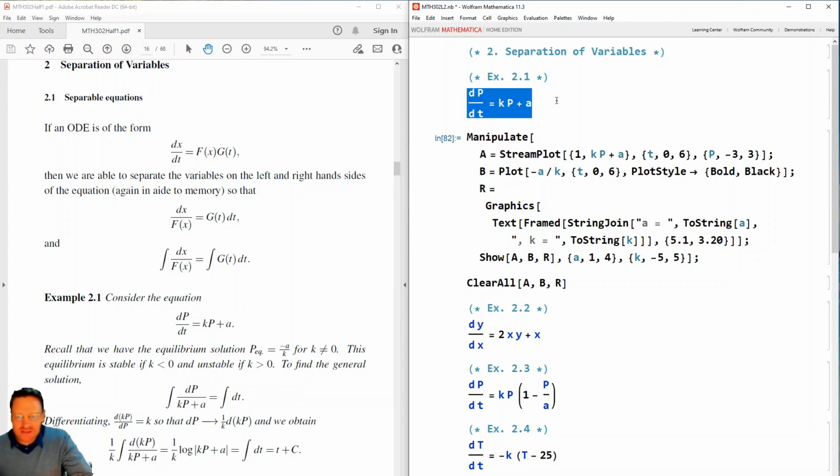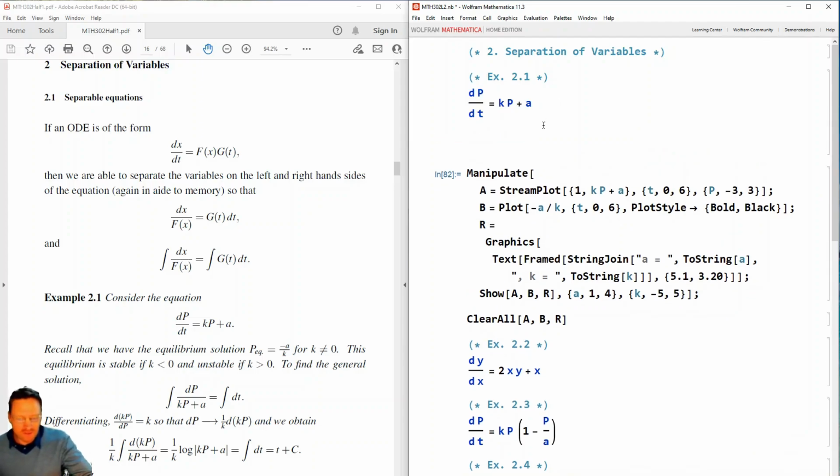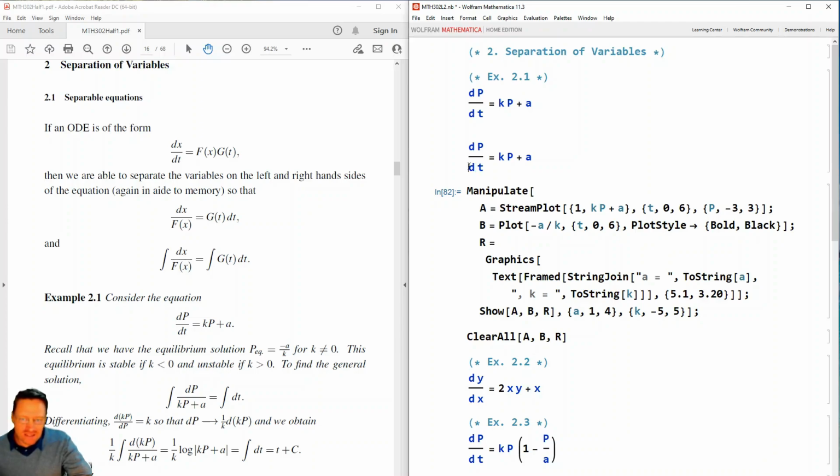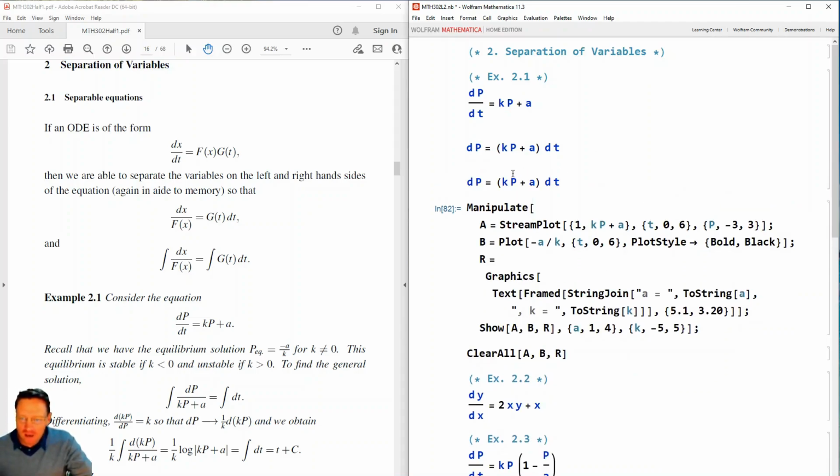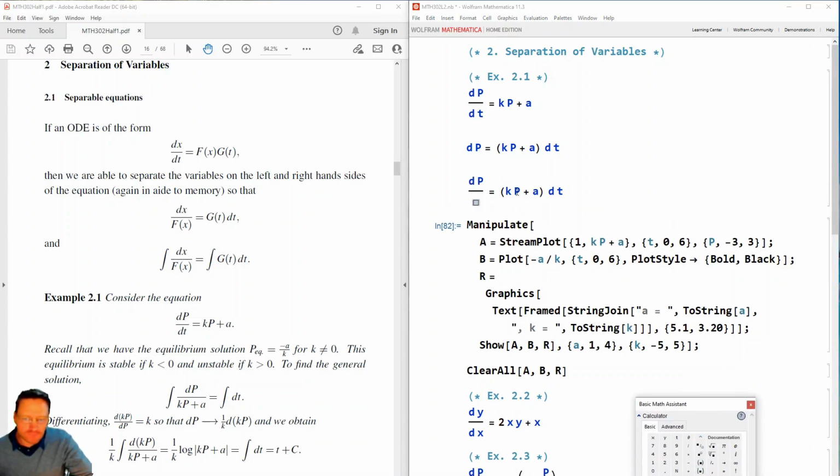So I'll take this equation. First thing we do is we take the dt over to the right hand side. So to do that, I'll put a bracket around this. Okay, so we have this. We've separated, at least the dt, but we have to finish off the separation by dividing both sides by kp plus a.